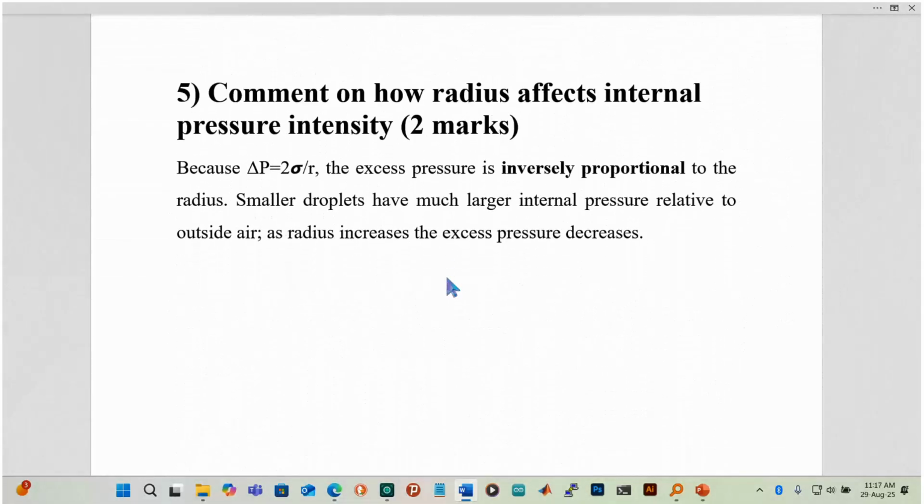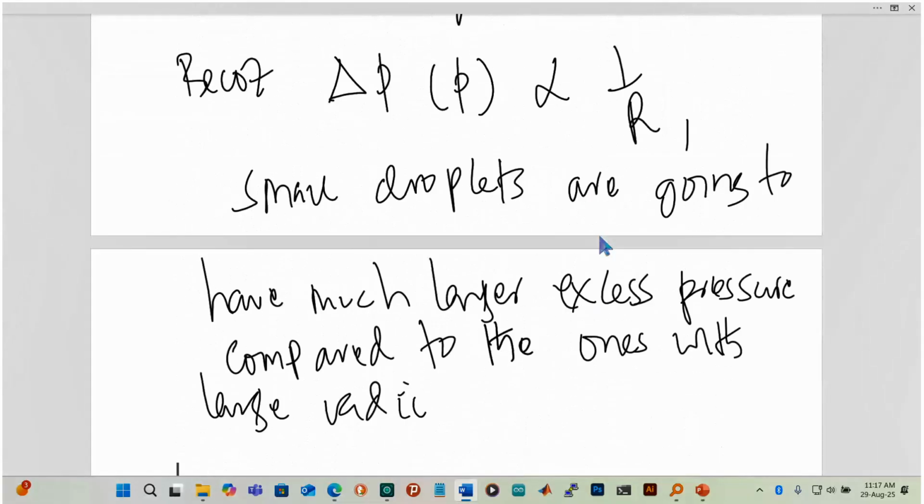So the excess pressure is inversely proportional to the radius. Small droplets have much larger internal pressure relative to outside air. As radius increases, the excess pressure will always reduce.